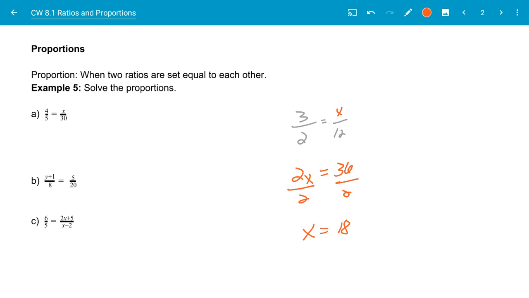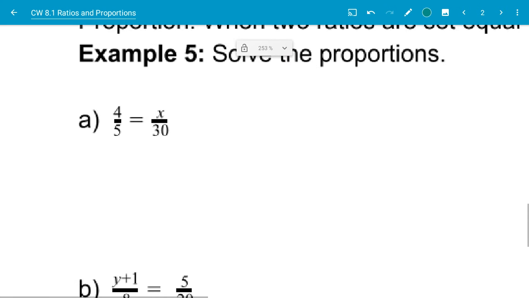Now, a lot of times in elementary school, your teacher would call this the butterfly method, because if I circle them like this, it kind of looks like here's the body of the butterfly and those are the wings. So that is how we're going to solve these problems.